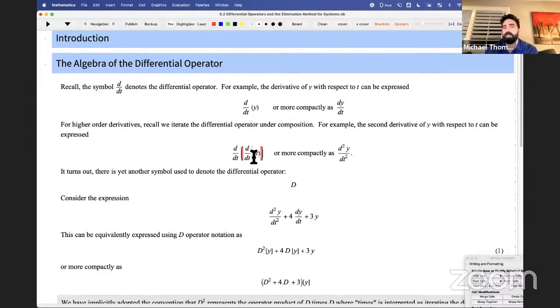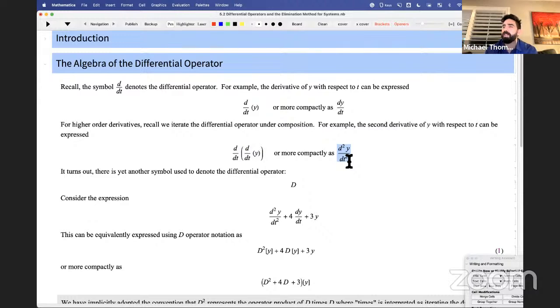If you start with a function y of t and differentiate it, you get a new function. Then you differentiate that, you get another function. So it's composition of functions, not multiplying. You could write it more compactly like so. That notation is great.